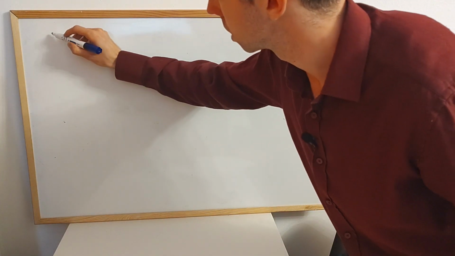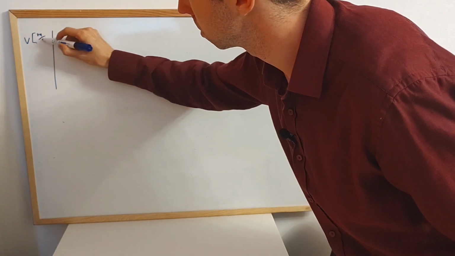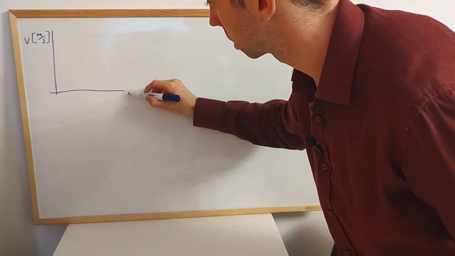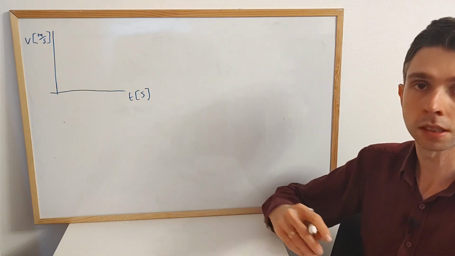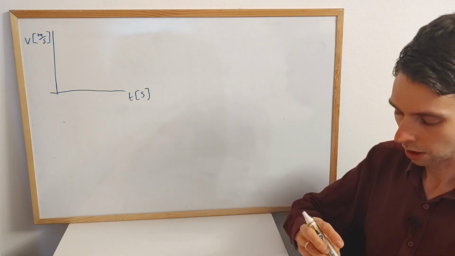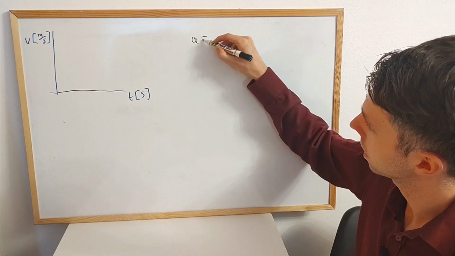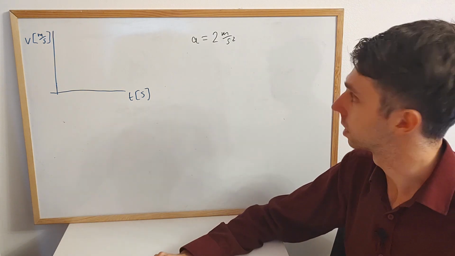So let's draw the graph speed in meters per second versus time in seconds, and let's suppose that, for example, a car has acceleration 2 meters per second squared.